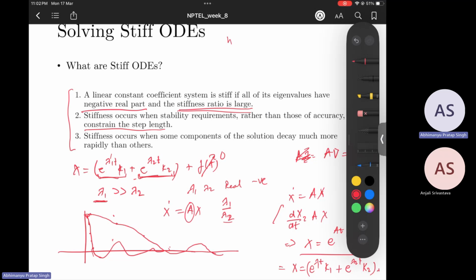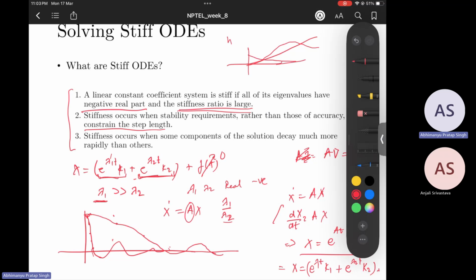If we take very high h values, then the problem was that the system was diverging. We saw one example like that. When we took an h value of 0.25 or 0.1, close to 1, we saw that the system was diverging. But if we take h values very small, then we saw the system was converging.